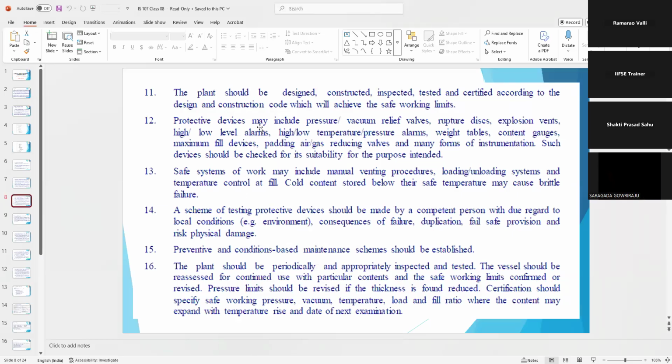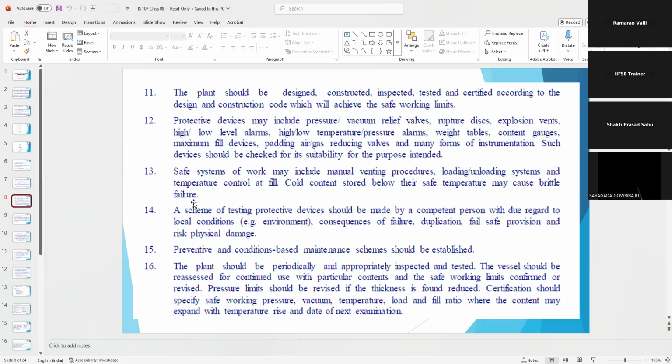So protective devices may include pressure or vacuum relief valves, rupture discs, explosion vents, high or low level alarms, high or low temperature alarms, weigh tables, content gauges, maximum fill devices, padding air or gas, reducing valves, and many forms of instruments, etc. So in your process, what kind of protective devices are in place?